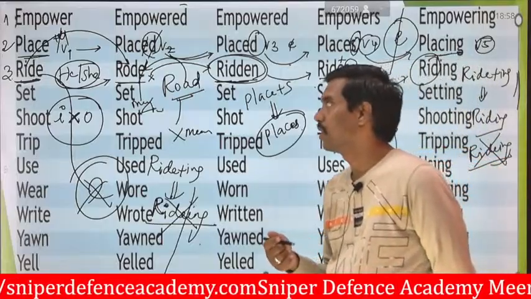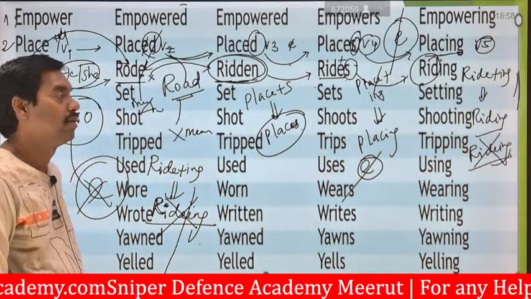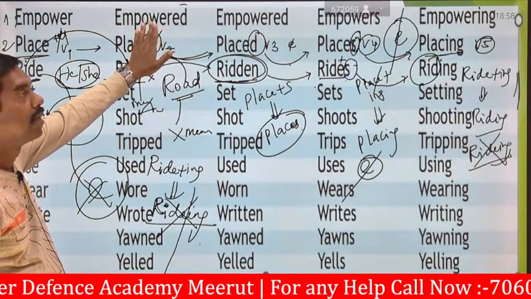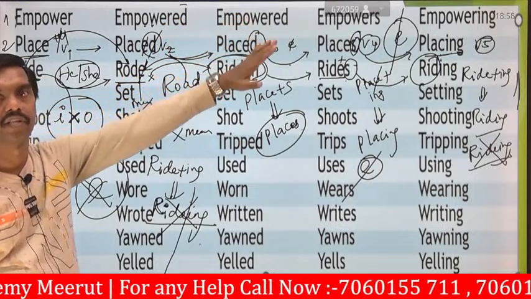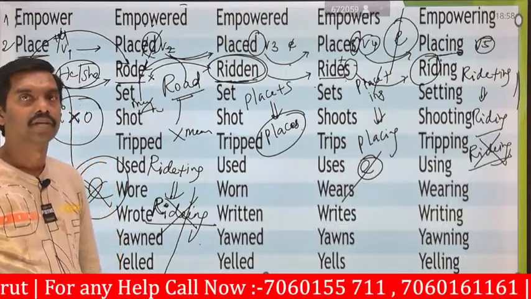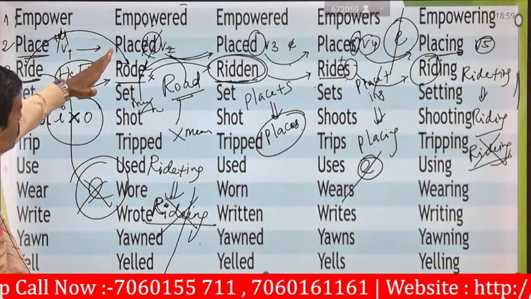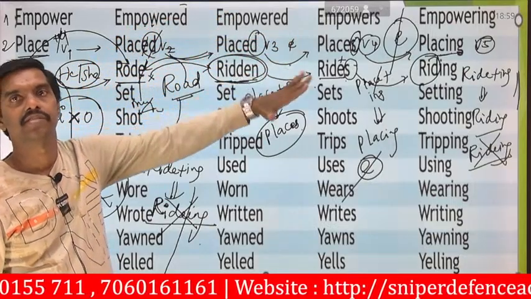First one is empower. Empower will be transferred to empowered, empowers, and empowering. Second is place, which will be transferred to placed, places, and placing.